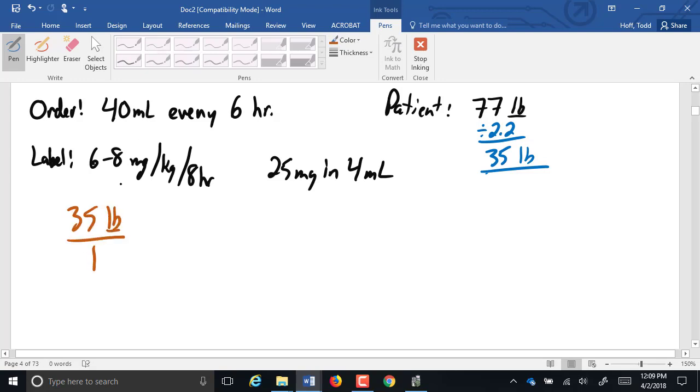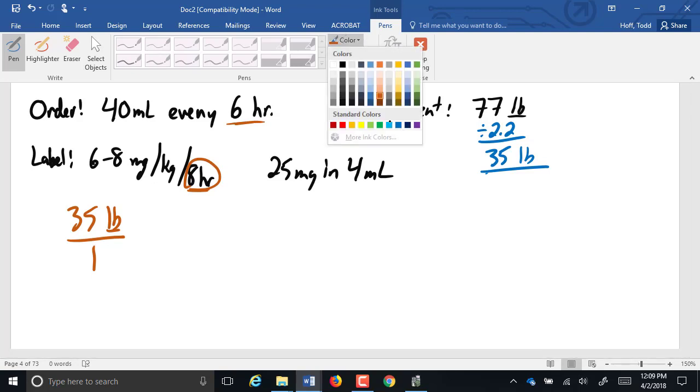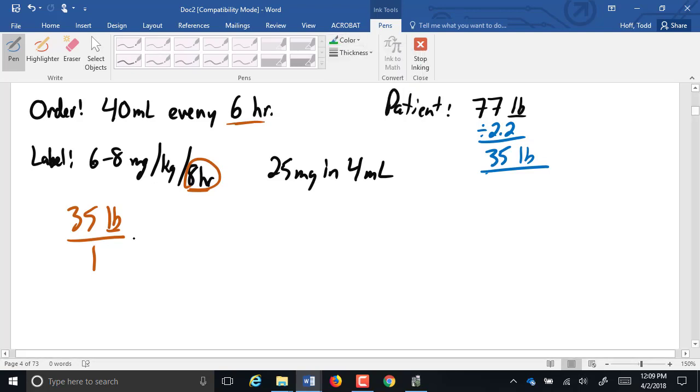Now, note that this is for 8 hours. That's going to be very important because we notice the doctor's orders are over 6 hours. So we're going to have to account for that at some point in our calculation. But for now, we're going to ignore the time and just use the milligrams per kilogram. I don't know why I put 35 pounds there, 35 kilograms. Sorry about that.